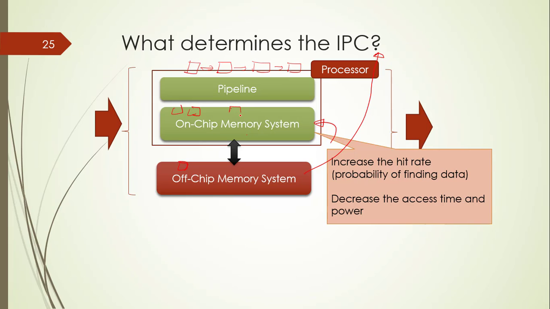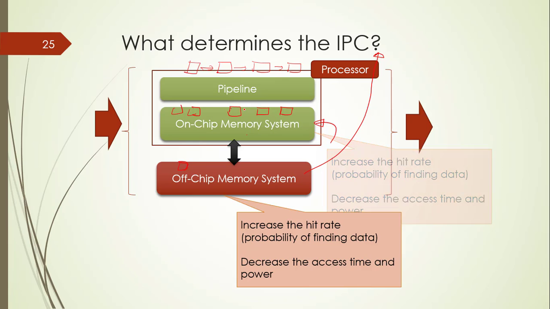Whatever data it needs, it will just keep close, such that all of this data can be accessed very quickly and the computation can proceed in a very fast manner. And the off-chip memory also needs to be very efficient. The reason being that both from a power and performance perspective, it has an important bearing on the IPC.